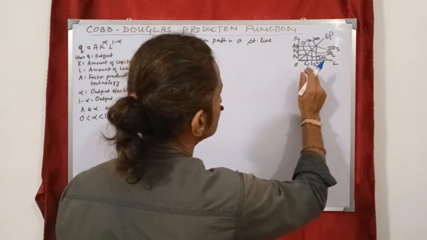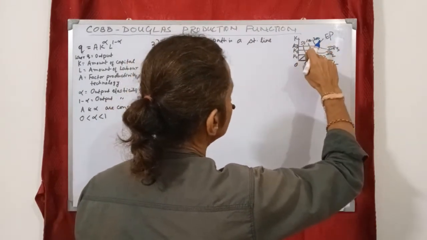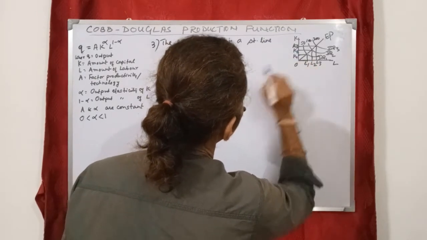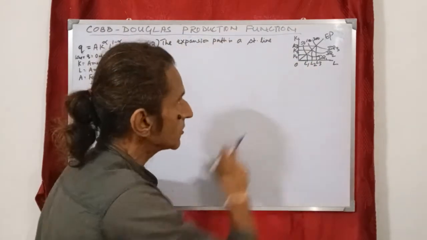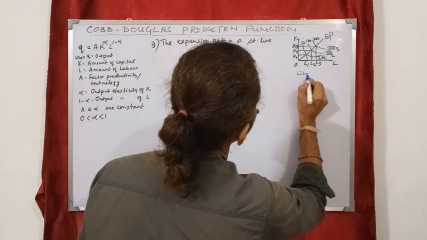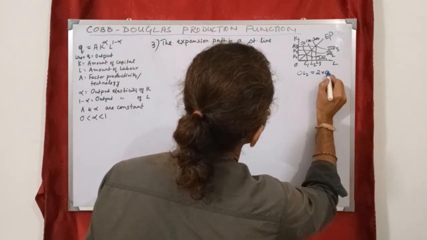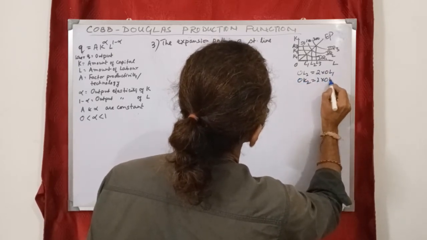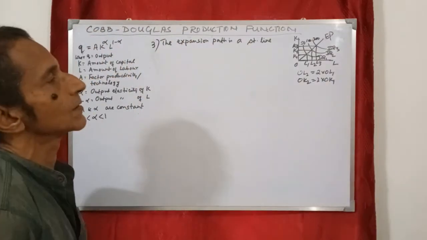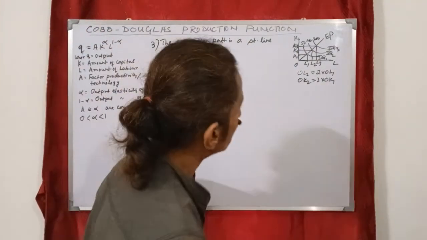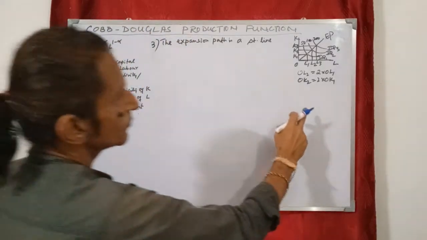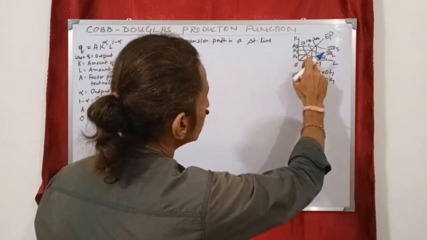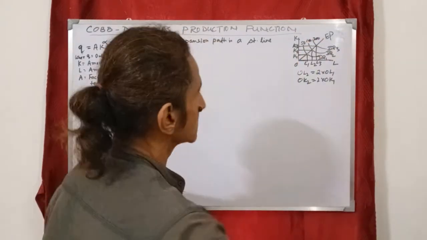When output is increased twice, 50 becoming 100, then the input combinations are OL2 and OK2. Hence, in Cobb-Douglas production function, OL2 equals 2 into OL1 and OK2 equals 2 into OK1. Why? Because it is homogeneous of degree 1. Inputs are increased by 2 times, so output is also increased by 2 times.